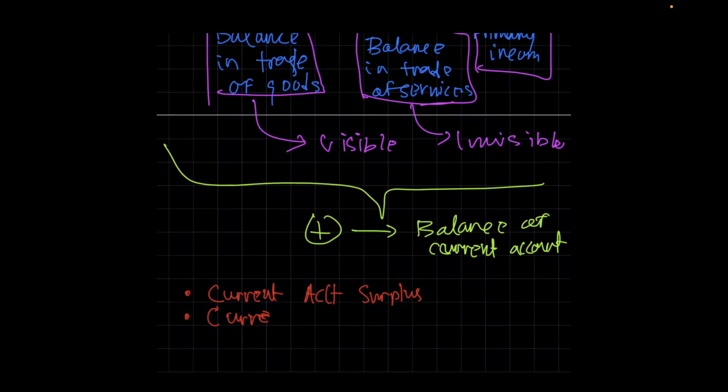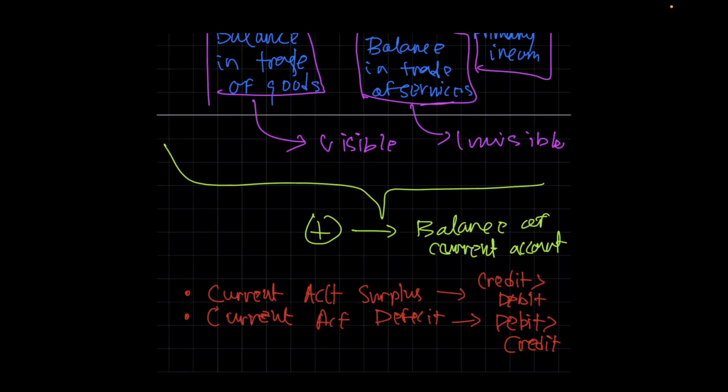A current account surplus is when credit is larger than debit. Debit is the amount of money that goes out and credit is the amount of money that comes in. Whereas when you have a deficit, your debit is greater than your credit in the economy.